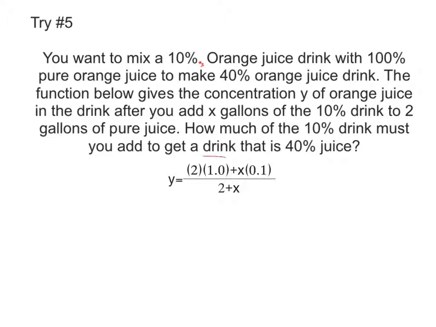So this one here, 2 gallons of 100%, which we know is 1. And then the other one is an unknown gallon. So unknown gallons of 10%. And then the bottom is the gallons total.